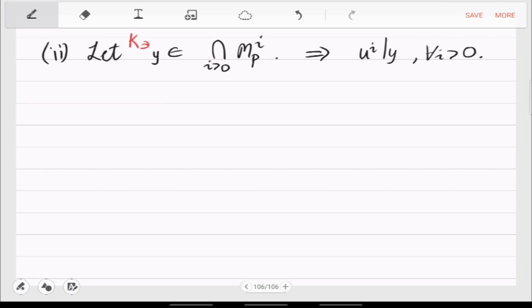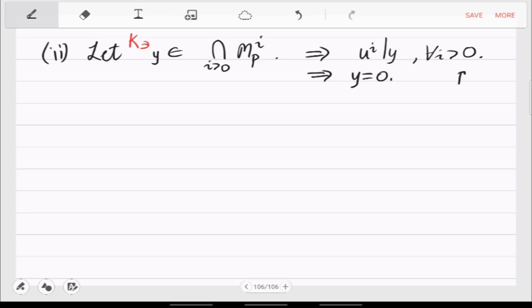It is impossible to be divisible by u raised to infinity. At some point the division will stop happening and after that it will never happen. So there are only finitely many i's for which this can happen. So that's a contradiction. In other words, this means that y is 0. Zero is the only function for which this is possible, otherwise it's not possible.